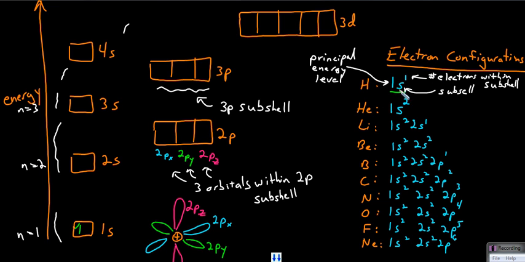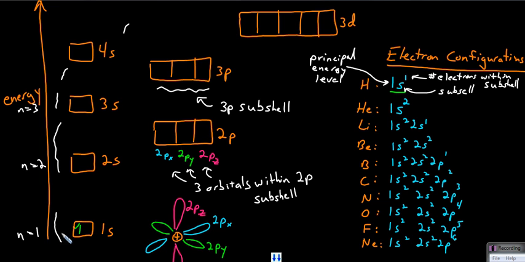Hydrogen's electron configuration is 1s1. And this is showing where the electrons are around the nucleus. When we write 1s1, we are saying that there's 1 electron. In the top right, in this superscript, that number is the number of electrons within a subshell. There's 1 electron, represented by this arrow here, in the 1s subshell.